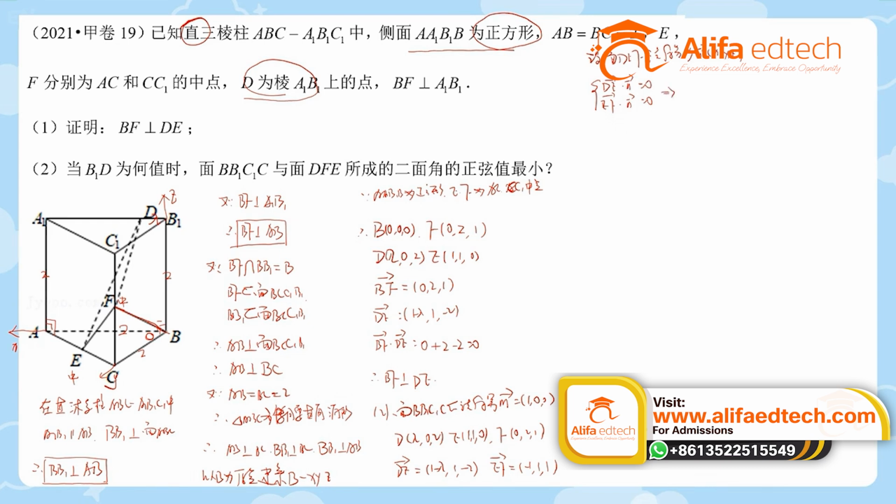At this point, you can write out a relational expression. This part is just for showing your work, to get those points. Writing it down, we get 1 minus lambda times x plus y minus 2z equals 0, and negative x plus y plus z equals 0.